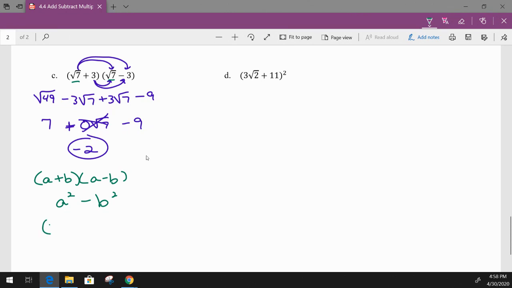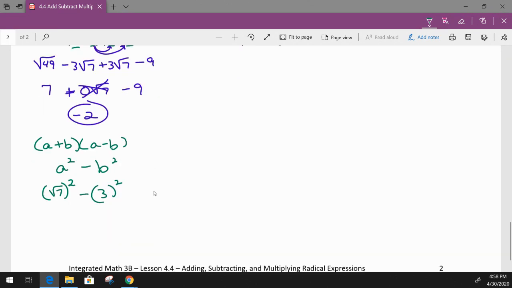So if I were to take the square root of 7 and square it minus my second term in the binomial, which was 3, and square that, I would have gotten 7 because the square root and square cancel each other out, but the 3 squared would be 9. 7 minus 9 is negative 2. So using that special product rule, I would have gotten to the negative 2 just a little bit faster.